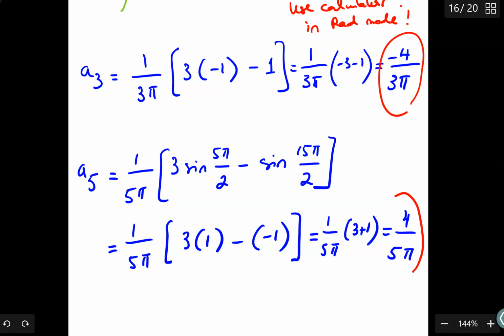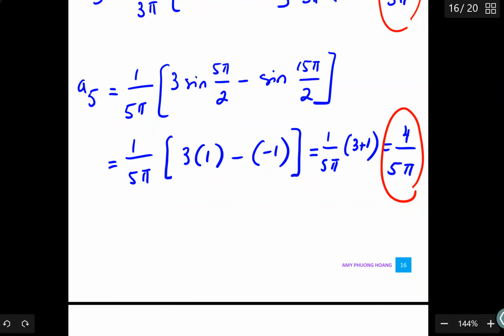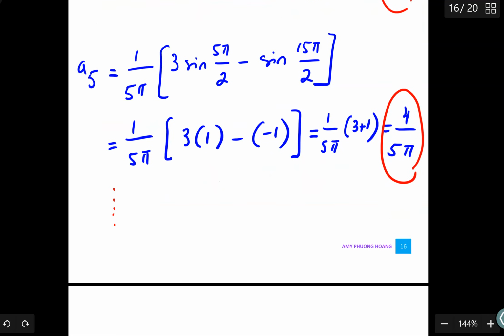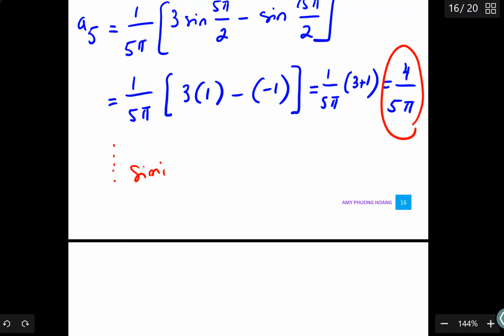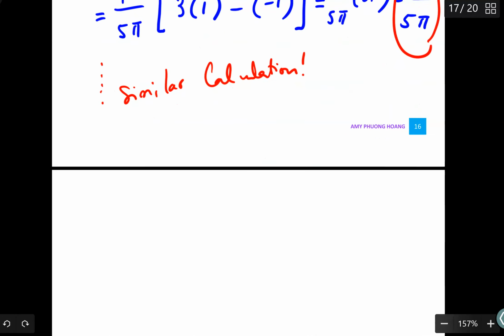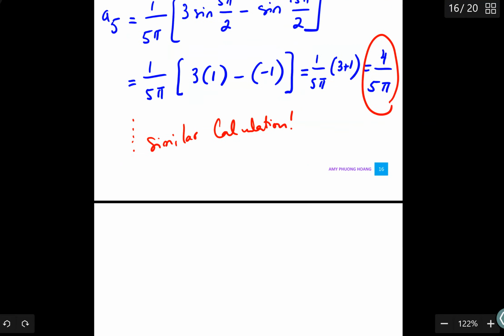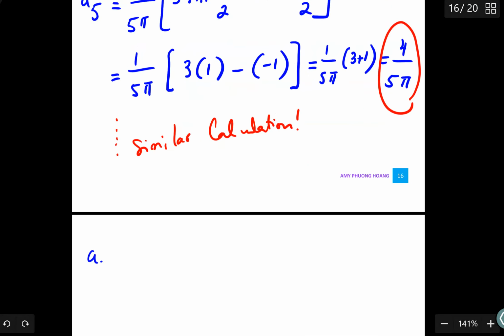Alright, if you do the similar calculation, I would like everyone to see that A7 will be equal to negative 4 over 7 pi, and A9 will be back to positive, which is 4 over 9 pi.